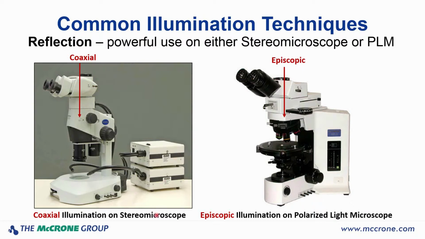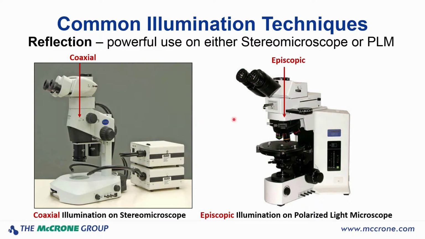When you're dealing with a stereomicroscope, it's called coaxial, basically because there are two different light axes in the stereoscope. The episcopic, or in the polarized light microscope, you have a single light axis. So it's episcopic, is what they call it.